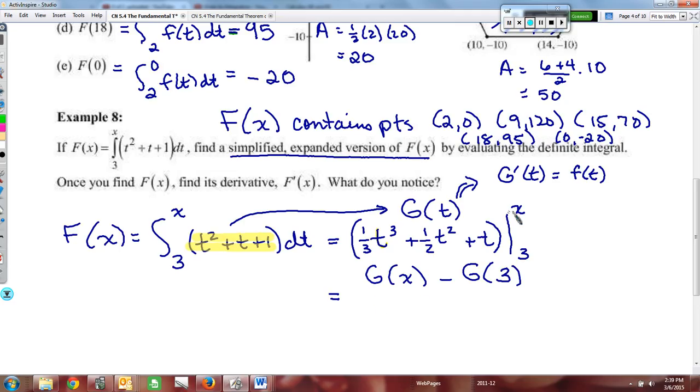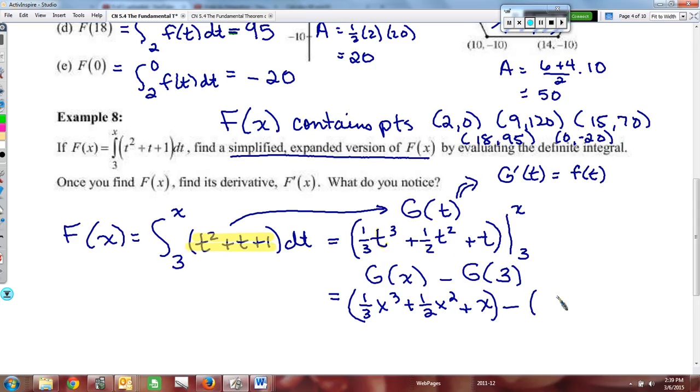So we plug these values in. So I get 1/3 x cubed plus 1/2 x squared plus x minus, right? Then you're going to plug in 3. And so we put in our 1/3 times 3 cubed, which is going to be 27 over 3 or 9.